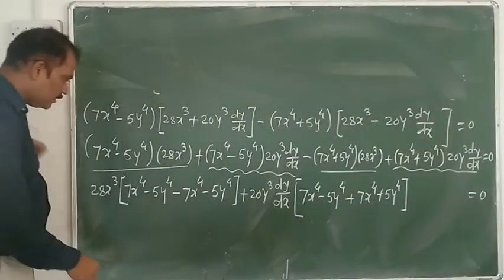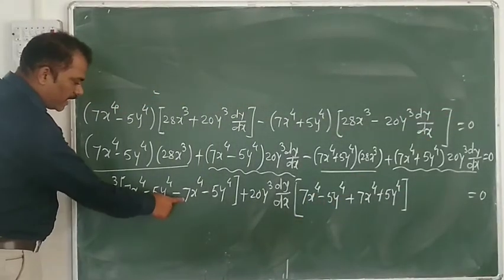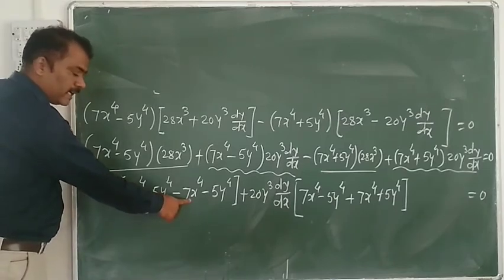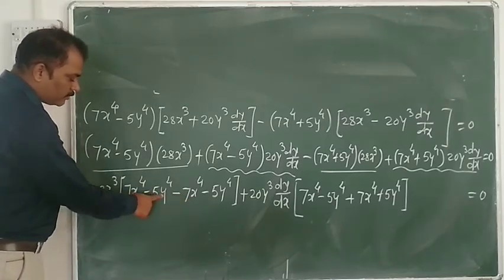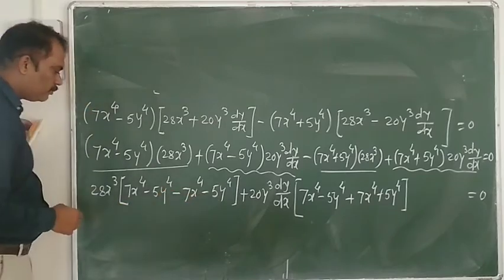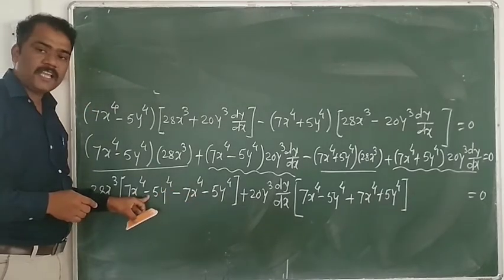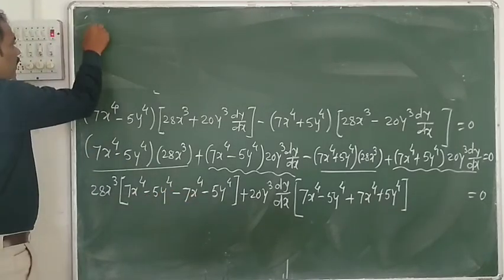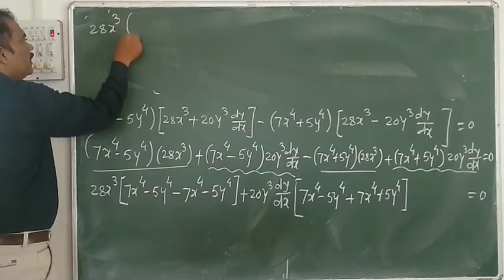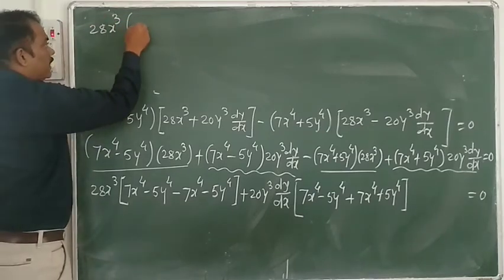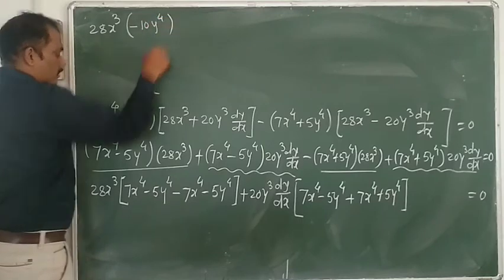Here we have to see that 7 times x raised to 4 minus 7 times x raised to 4 cancel, minus 5 times y raised to 4 minus 5 times y raised to 4 becomes minus 10 times y raised to 4, so that 28x cube into minus 10 times y raised to 4.